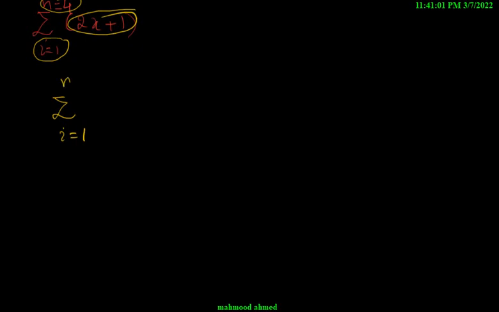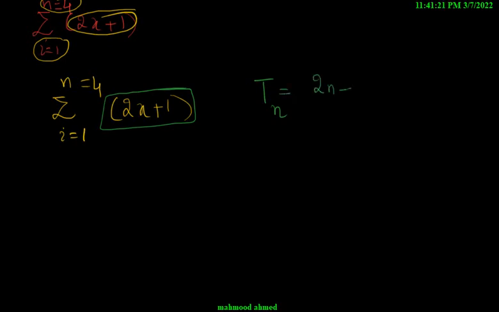Here I tell you, i is equal to 1, n is equal to 4 and 2n plus 1. Basically in this case this is the general term. The general term is generally represented by Tn, 2n plus 1, and i is equal to 1 is the first term of this general term.